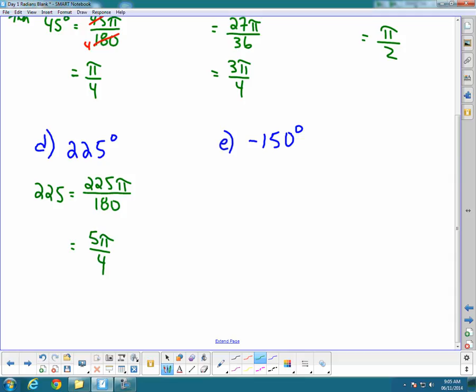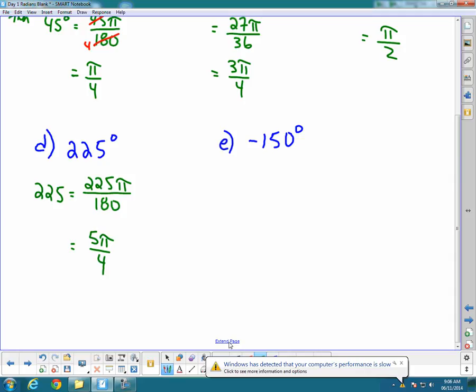And know that we also can have negative degrees in these. Whereas we didn't think of negative angles before, because in a triangle they're all positive angles. But if we're thinking rotations, what do you think a negative means in a rotation? Yeah, it goes the other way, which in that case is clockwise. So negative 150 is a rotation the other way.